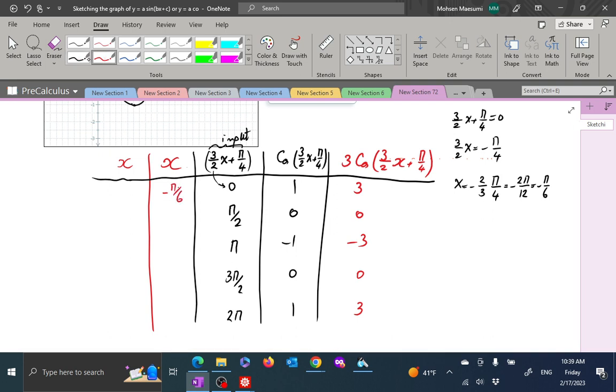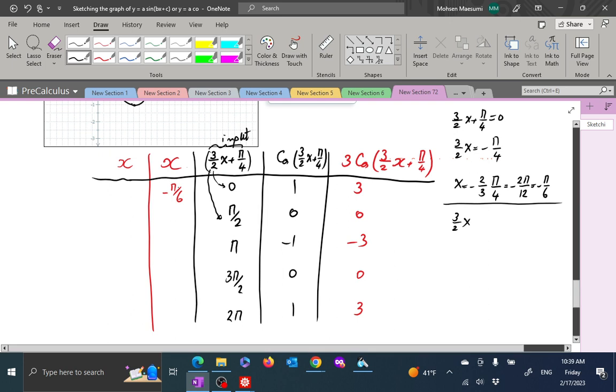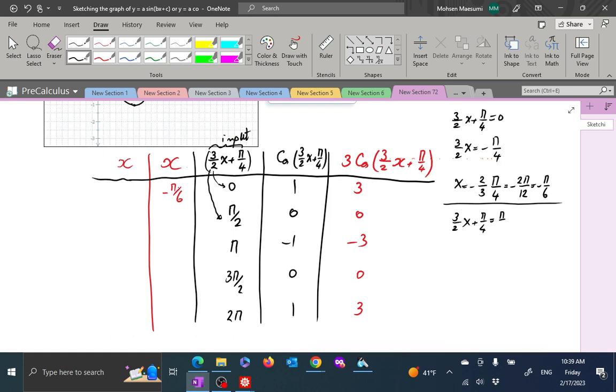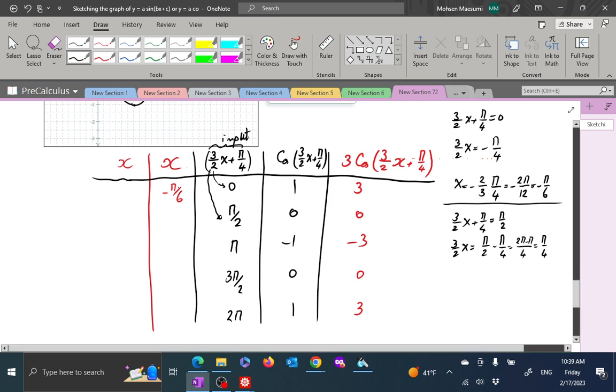So next time around, let's draw a line here. 3/2 x plus pi over 4 is equal to pi over 2. So 3/2 x is equal to pi over 2 minus pi over 4. Take the common denominator. 2 pi minus pi is pi over 4.